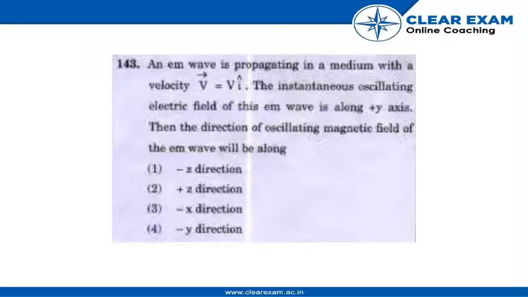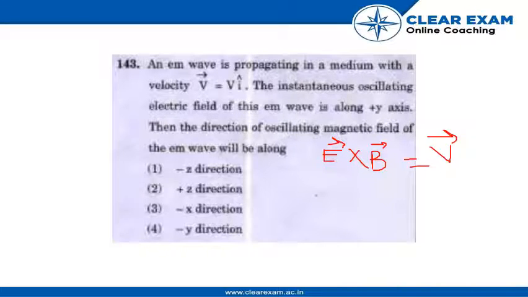Okay, let's see. As we know, E cross B is equal to the velocity.